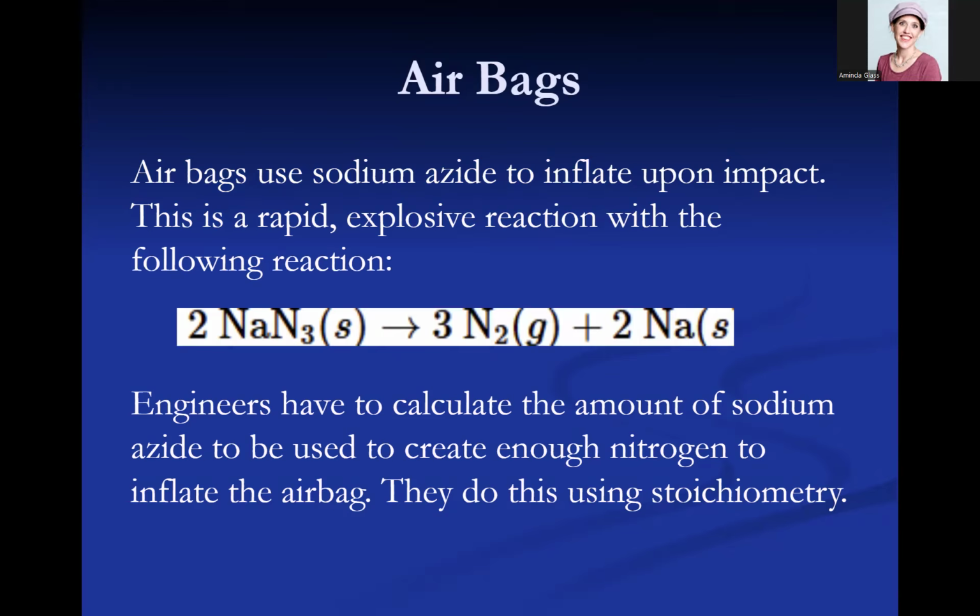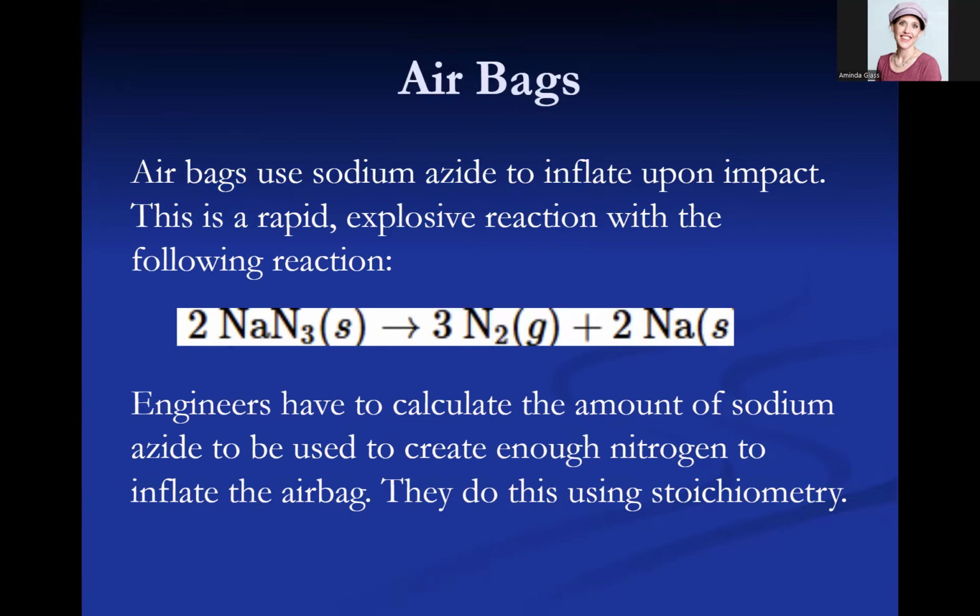It's an extremely rapid, explosive reaction. People have gotten hurt from the airbags. That's why small children aren't supposed to be in front, because with the amount of pressure that it explodes and the position a small child would be in, it could be deadly to the child.